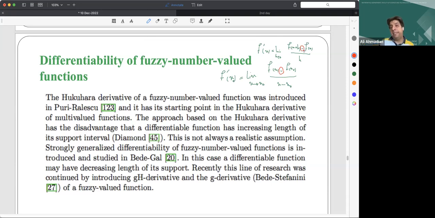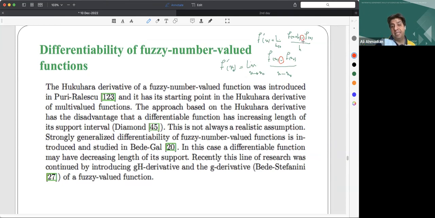Based on this difference, we can use fuzzy Hukuhara differentiability, or fuzzy generalized Hukuhara differentiability, or fuzzy generalized differentiability, depending on which difference we select.